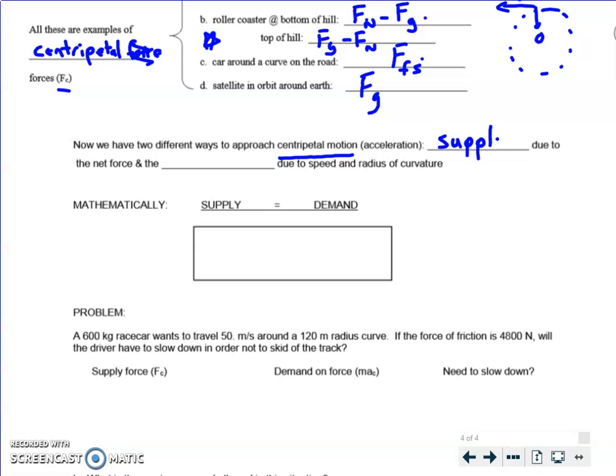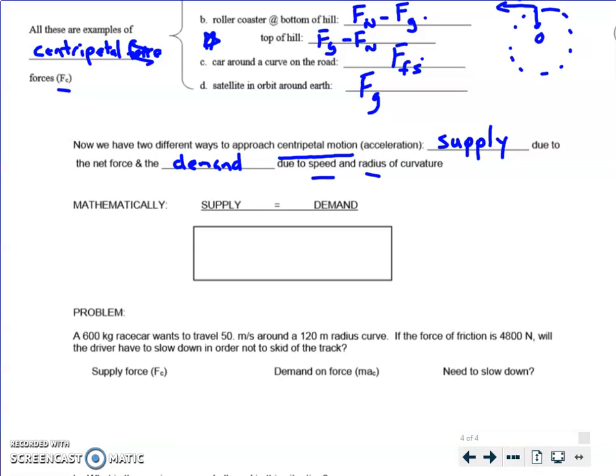In other words, depending on the situation, whether you're on a road or in an orbit or on a roller coaster, you're going to have a certain supply of force. That's simply the amount of gravity or normal force or tension. And then you have a demand due to how fast you are traveling and how tight the curve is, the speed and the radius.